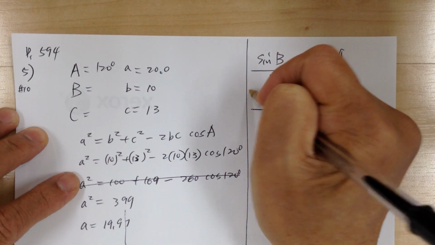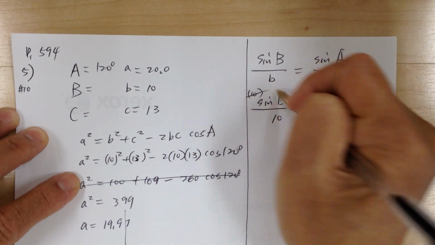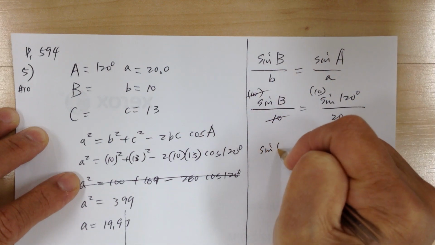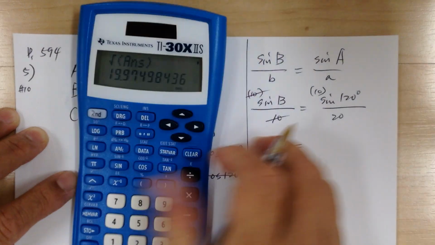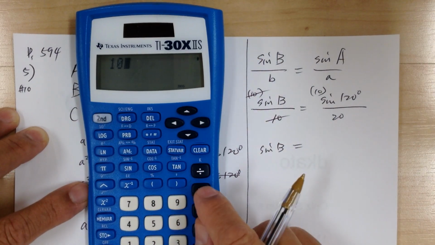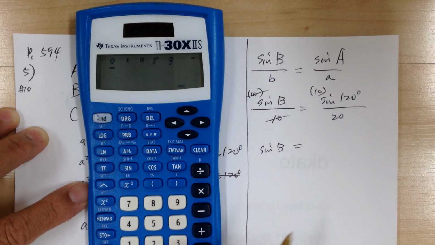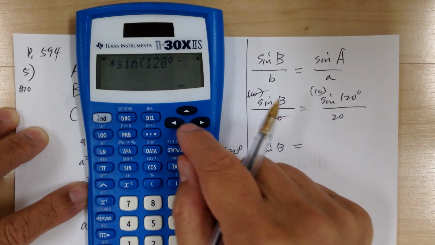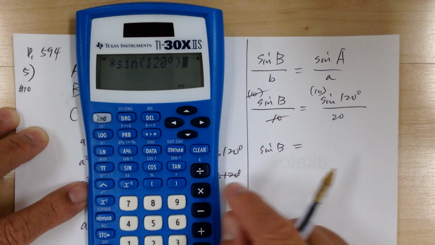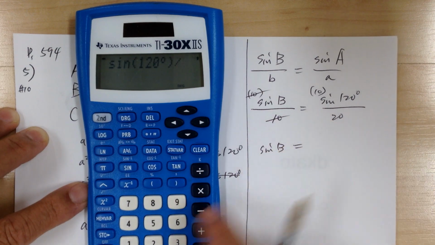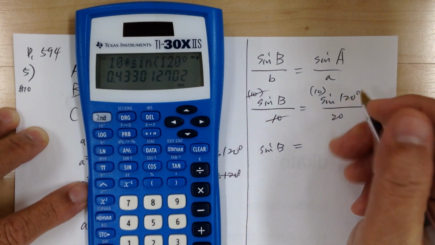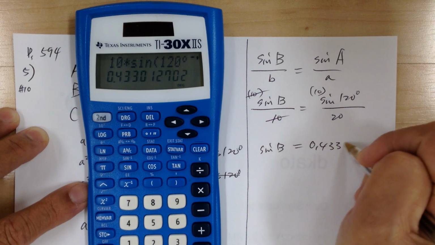Multiply by 10 on both sides, so this will cancel out. So sine B equals, get a calculator, 10 times sine of 120 degrees divided by 20 equals 0.4330.